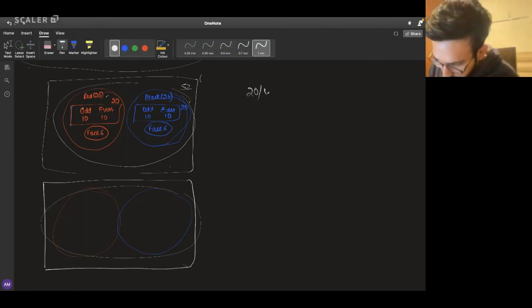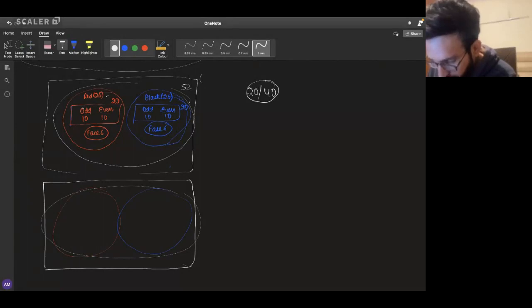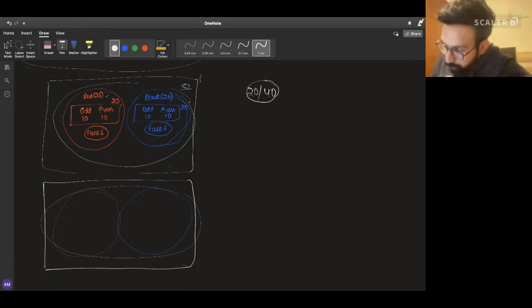Favorable outcomes are 20 and total outcomes are 40, which are allowed. So that is the overall conditional probability. I am getting the answer, but I'm not able to understand the numerator part, which was 20 by 52.